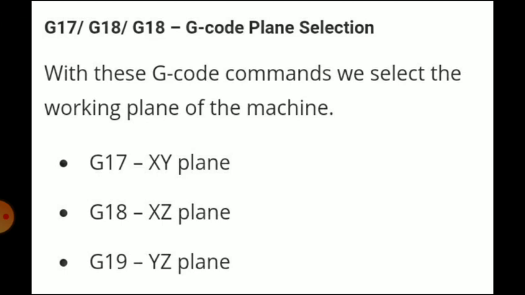Then G17, G18, G19. This is the G code plane selection. G17 means it is the XY plane, G18 is the XZ plane, and G19 is the YZ plane, on which the machining operation is to be carried out. That is the plane you have to select.